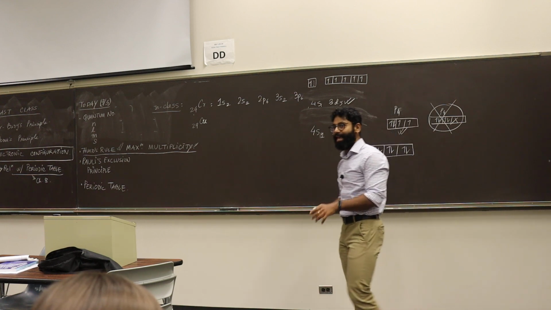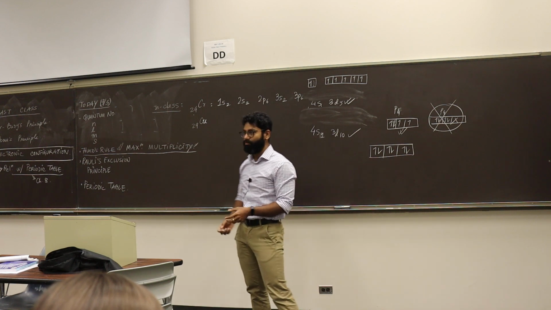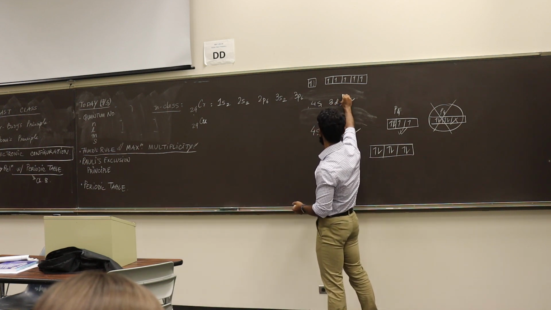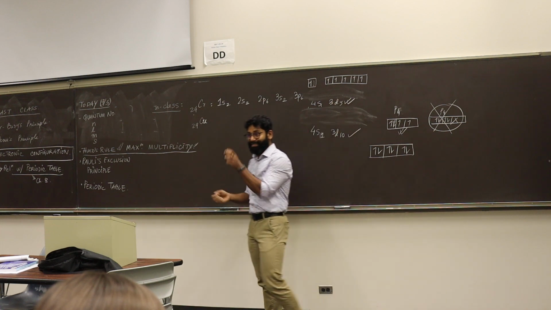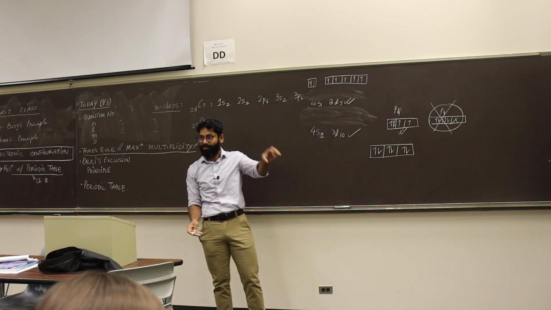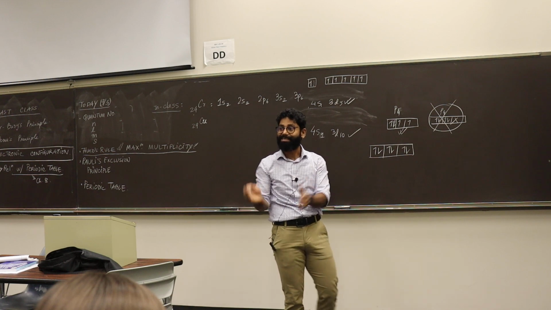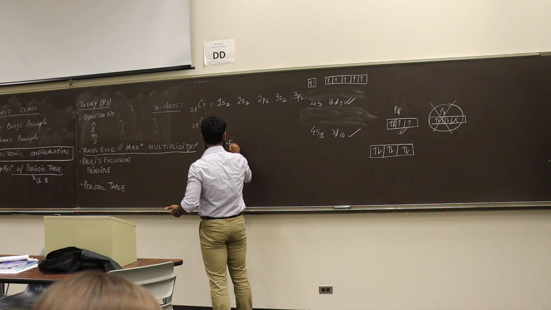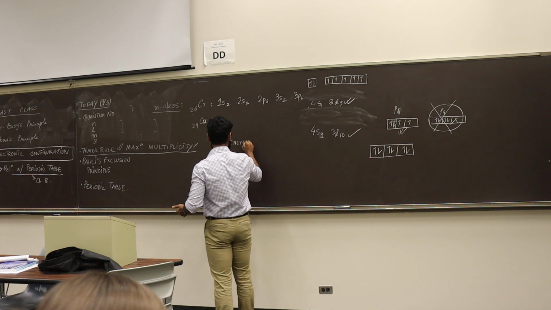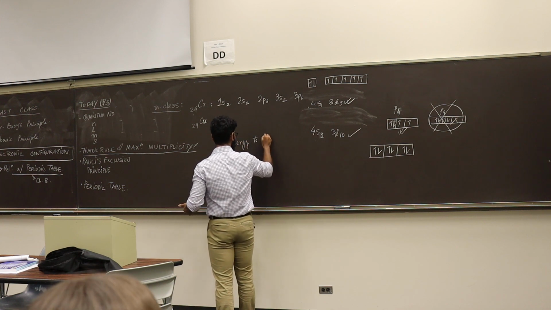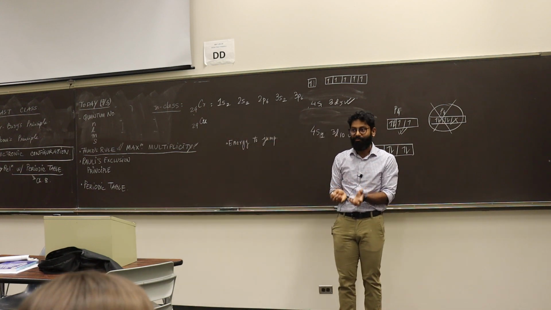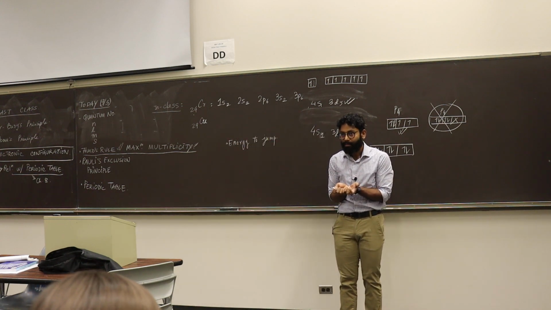You can actually calculate the energy. So when you went from 4s2 3d4 to 4s1 3d5, that electron must have jumped. So that must have taken some energy to jump. This is the energy that must have been required, right?